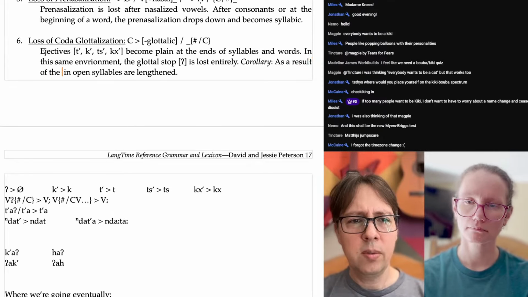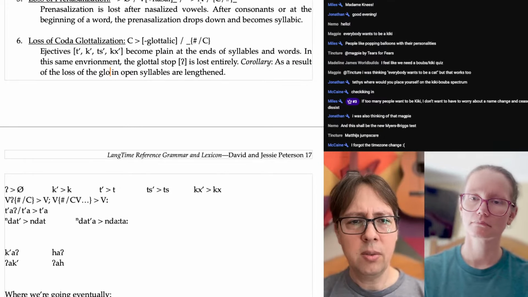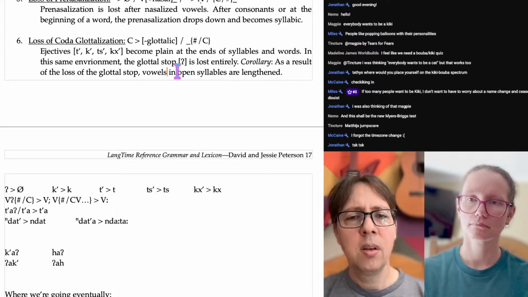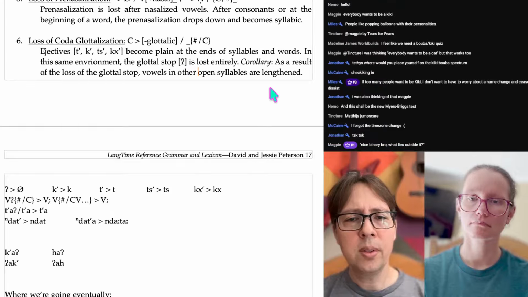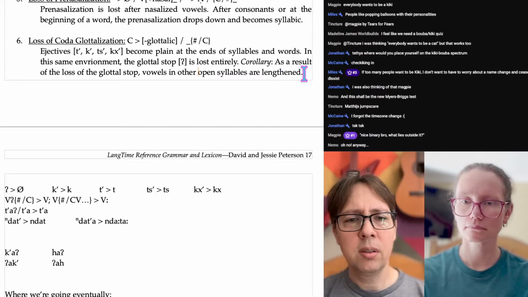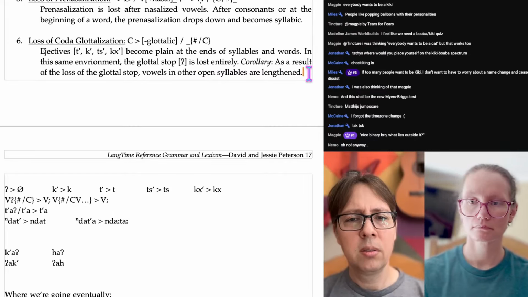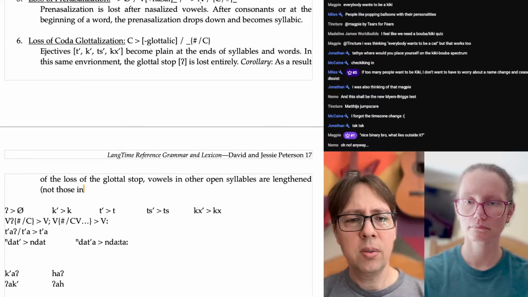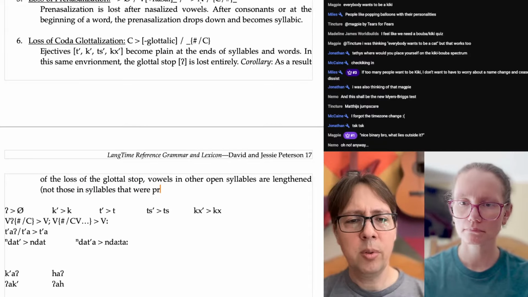As a result of the loss of the glottal stop, vowels in other open syllables are lengthened, not those in syllables that were previously capped by glottal stops.